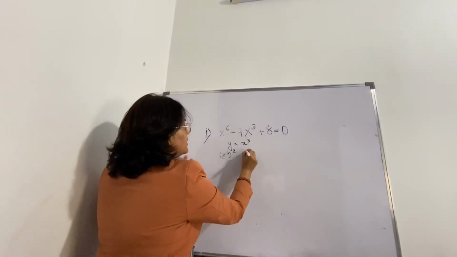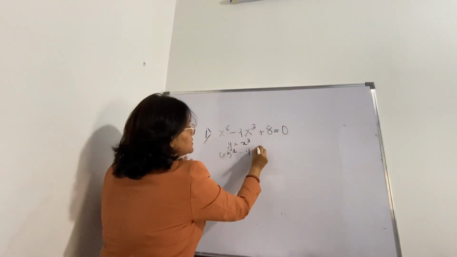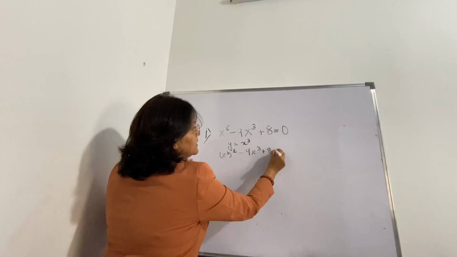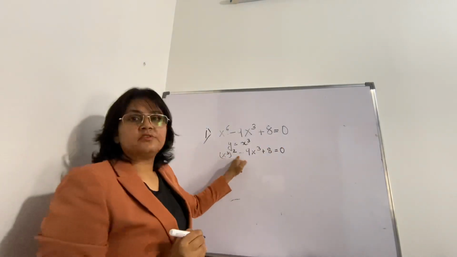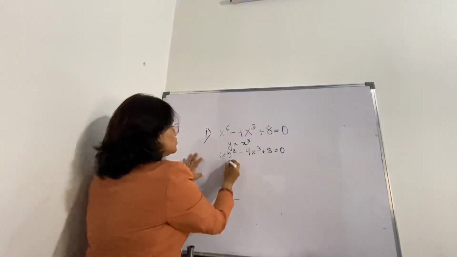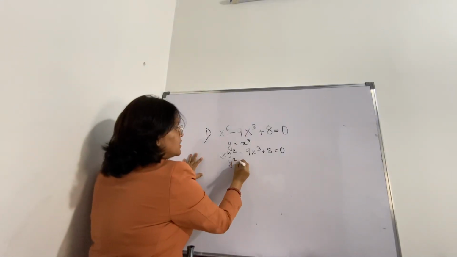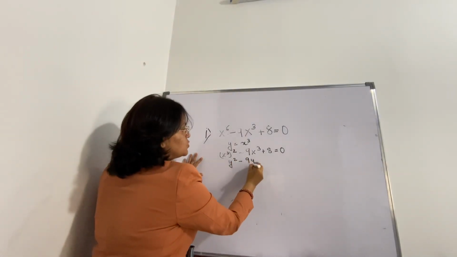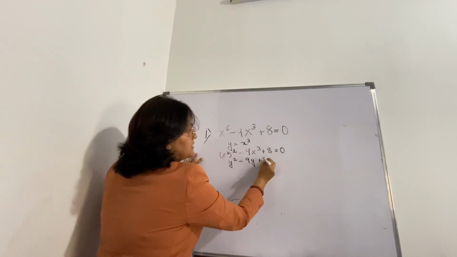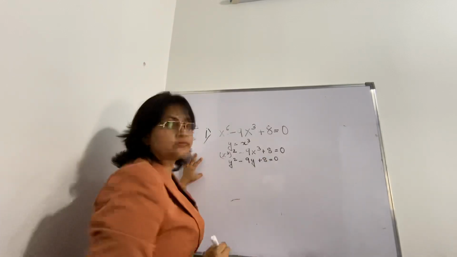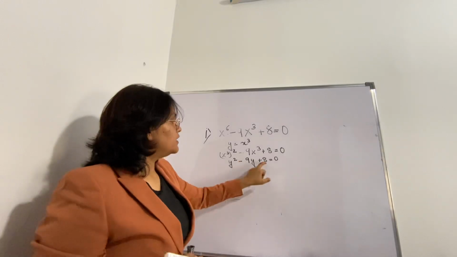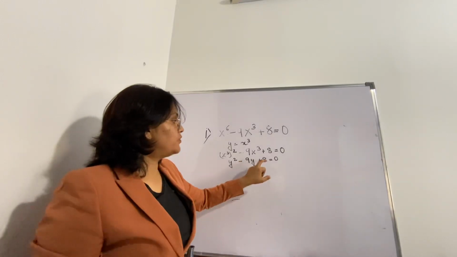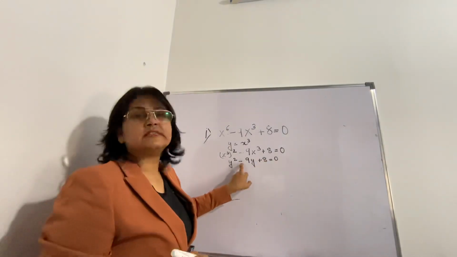Now, 9x cube plus 8 is equal to 0. Now we are going to substitute the values with y. So we can write y squared minus 9y plus 8 is equal to 0. Now, as you know, we have to find the factors of plus 8 and minus 9.